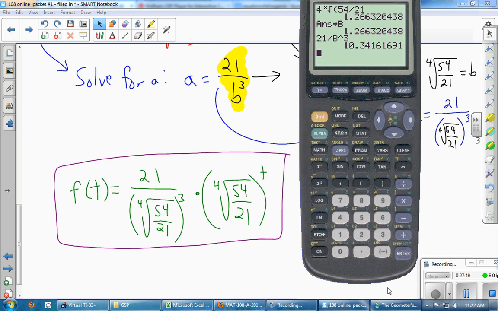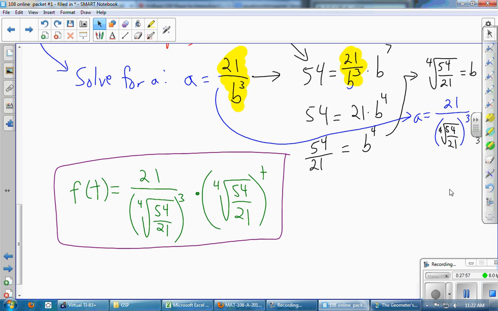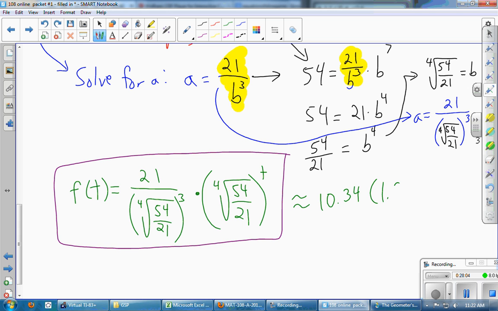So this right here is a. So we'll write our two numbers. Let's see, 10.34 and 1.27, we'll say. So that's a very good approximation for our exponential function.